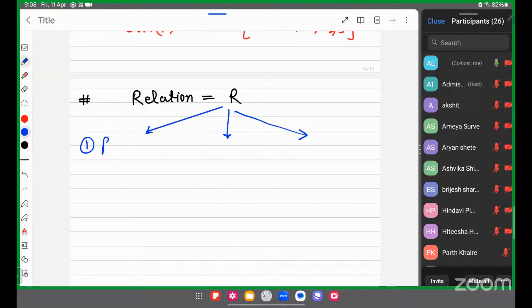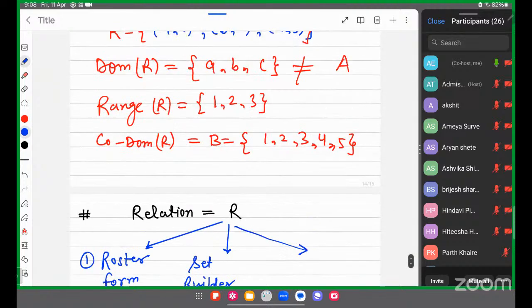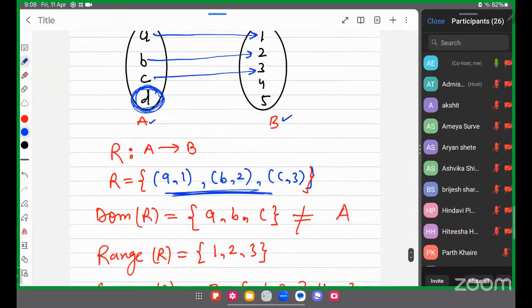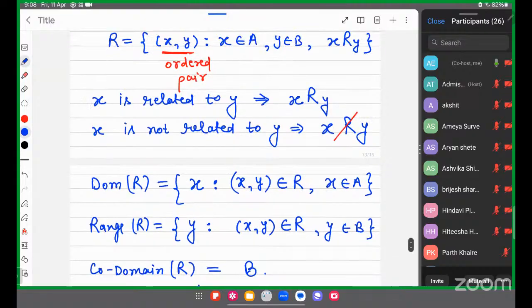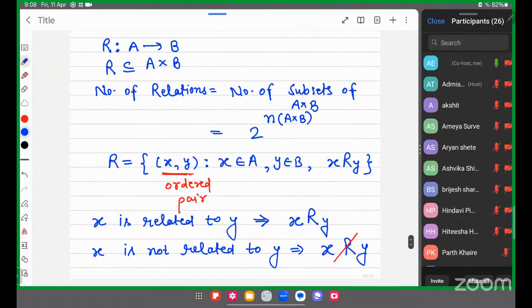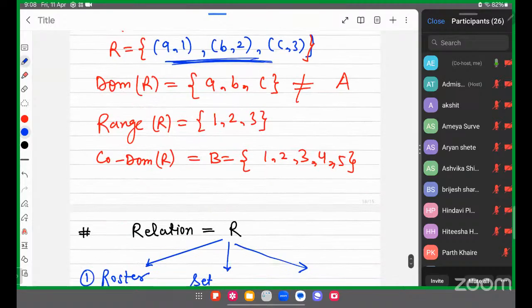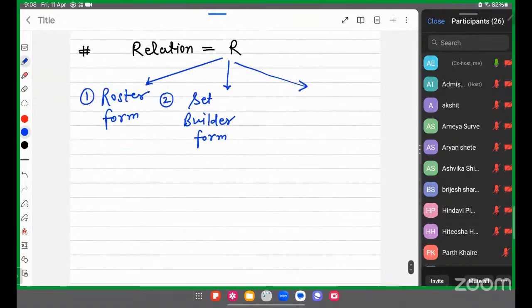So relation also can be given in roster form or set builder form, which is also known as property form. So this one is roster form, and this one is set builder form, and this one is an arrow diagram. So the third way to represent a relation may be an arrow diagram also.